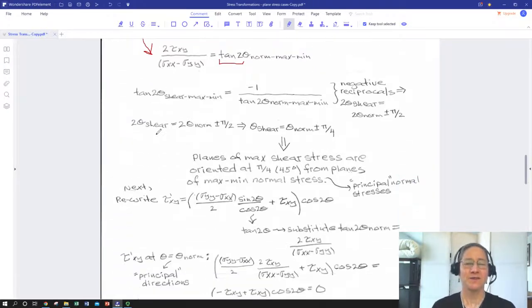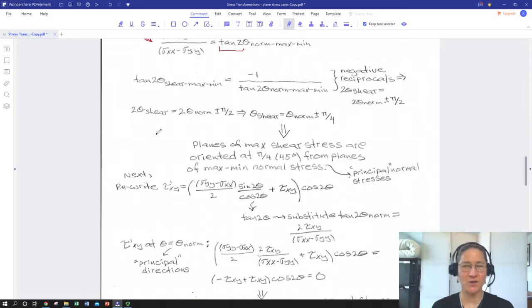So there's a real geometrical angular relationship between the orientation of the plane on which we're going to find a max shear and the orientation of the planes on which we're going to find the largest and smallest algebraic normal stresses.